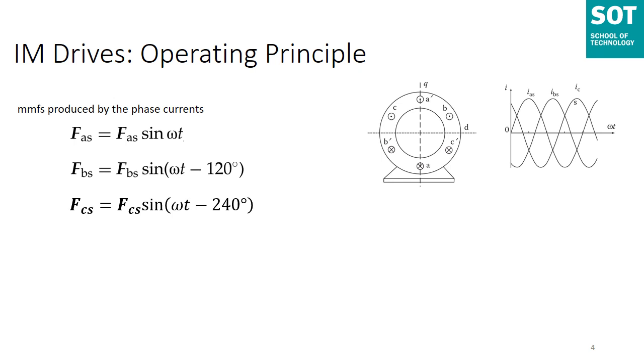The rotating fields of both stator and rotor can be described by two rotating vectors referring to a common stationary reference frame, the DQ frame. And the MMFs produced by the phase currents are expressed as you are seeing, the expressions of FAS, FBS and FCS, where ABC represents the three phases.